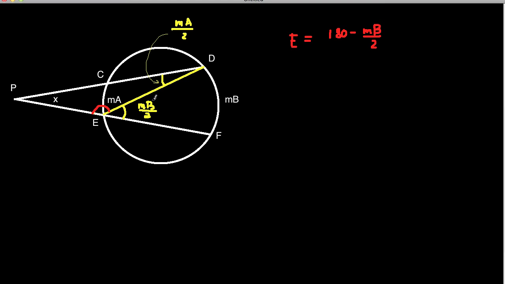Okay, now if I know this angle and I know this angle, I can compute this angle, x, because I know the sum of the three angles inside a triangle is 180 degrees.